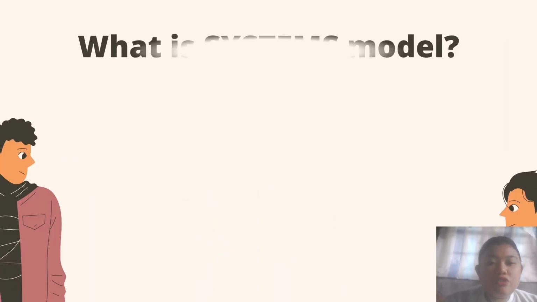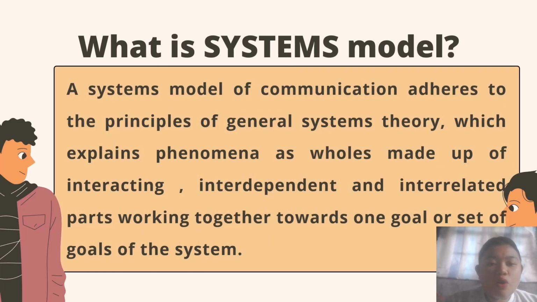So of course, we need to define what is a systems model. A systems model of communication adheres to the principles of general system theory, in which it explains phenomena as a whole, made up of interacting, interdependent, and interrelated parts working together towards one goal or set of goals of the system.